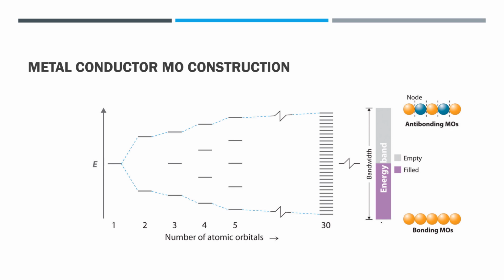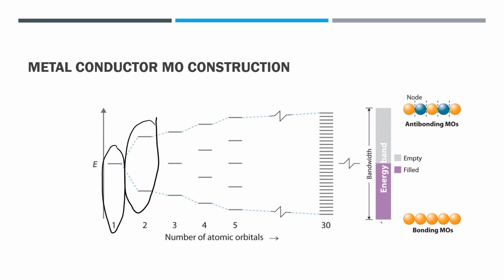If we just have one atomic orbital, obviously there's just one molecular orbital. If we have two atomic orbitals combining, we're going to have one bonding and one antibonding, which you can see here. If we have three, we're going to have one bonding, one middle, one antibonding, and it keeps going when you have more and more atomic orbitals.